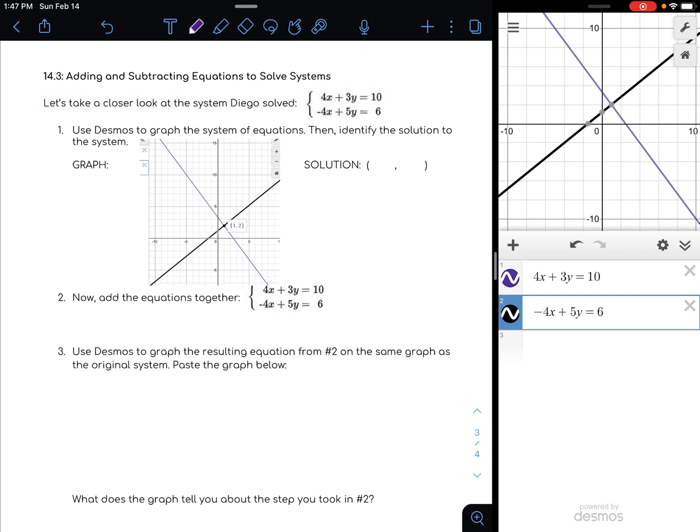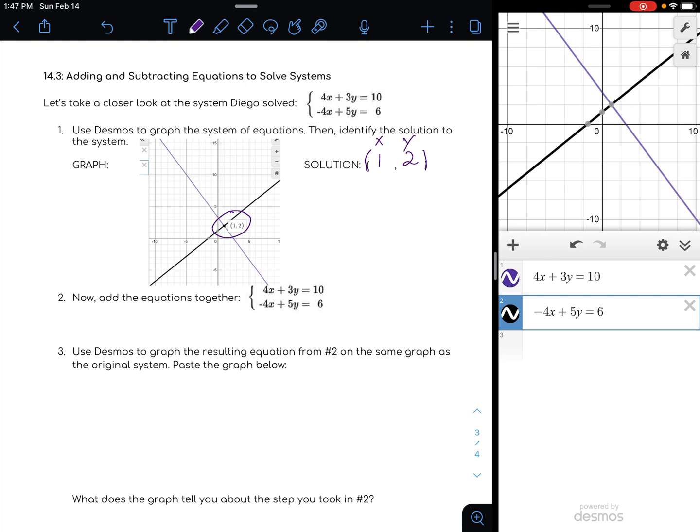Okay. So now we can see that the solution is 1, 2. That is the intersection of these two lines, and therefore it is the set of an x and y that works in both of the equations.